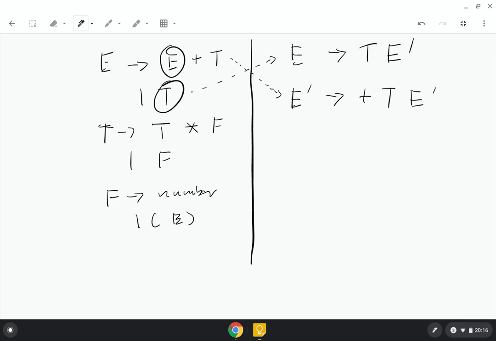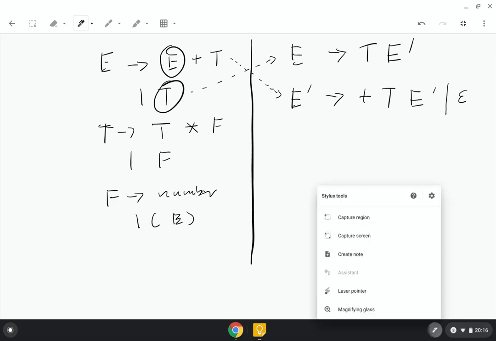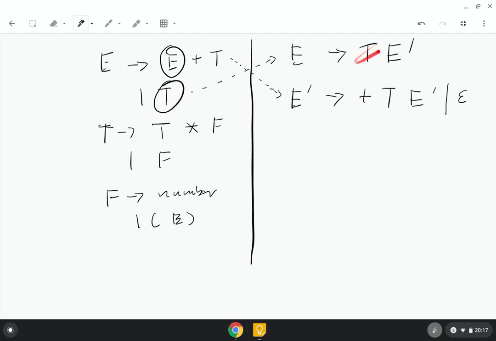So one way is, okay, I'm sorry, I forgot one very important thing: or empty string. So to try to give some intuition about why this works, if we happen to parse something where T was the first production, then we would still be able to parse T. And when we went to parse E prime, we can just recognize it as the empty string.